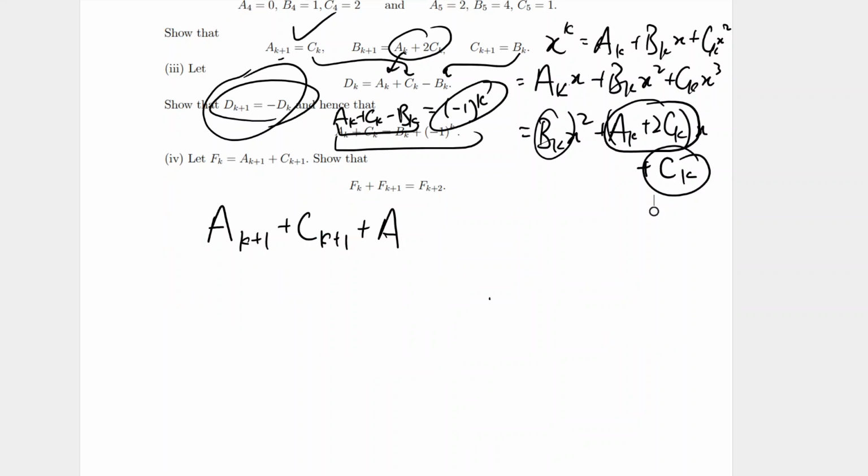Let's substitute what they defined first: a(k+1) plus c(k+1) plus a(k+2) plus c(k+2). We're proving things, so we don't write the equality yet. Let's try to increase the index, because I want k plus 2 here. So essentially, use these equations up here, but in the reverse direction. That's really important. Okay, so let's try that.